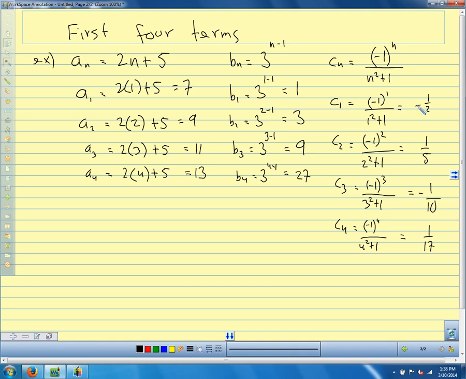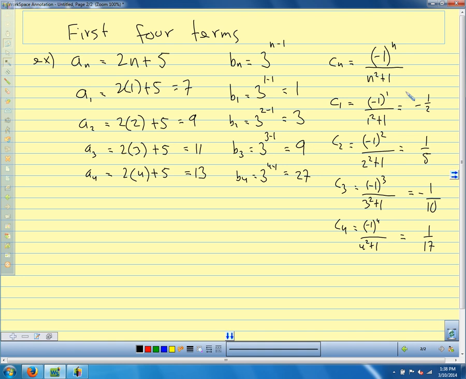Negative 1 to the n minus 1, or we could also do negative 1 to the n plus 1. That would make our signs alternate still, but we'd start with a positive rather than a negative. So anytime you have a minus 1 to the n, minus 1 to the n plus 1, or minus 1 to the n minus 1, you're going to alternate signs. One has the odd terms negative, like this one does, and the other would have the even terms negative, if we had an n plus 1 or an n minus 1.